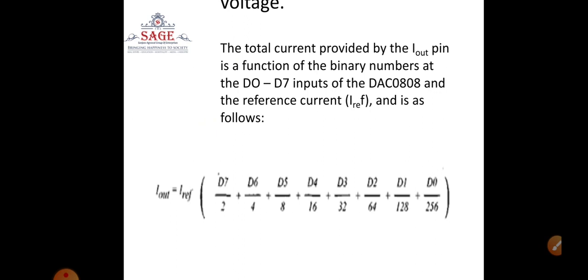So V0 is the VR reference, D7 upon 2, D6 upon 4, D5 upon 8, D4 upon 16. They are the binaries 2 to the power of n, where n is the number of bits. So there are 8 bits which we have to convert.